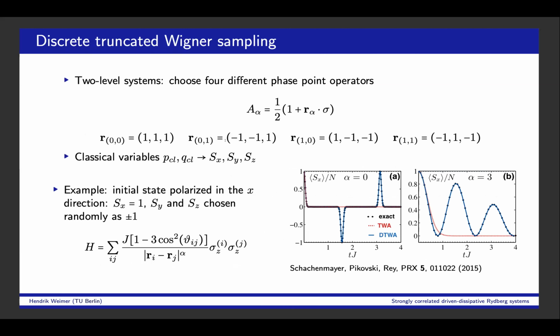This was pioneered by Johannes Schachenmeier and Anna Maria Rey a few years ago. One way you can think about this is you start with spins polarized, say in the x direction, and then the quantumness is encoded in that you choose random variables for sy and sz randomly between +1 and -1. So that's basically how that works.